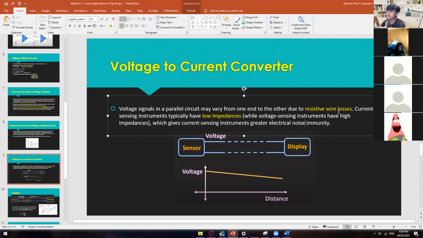A current source has greater electrical noise immunity, meaning there's a lesser chance that the current itself will slowly degenerate. Unlike a voltage source, the longer the wire, the more voltage it will drop as it goes to its destination. But for the current, it's stable. Whatever the current is on this wire is the same as the current at the end of that wire. So that's the benefit of having a voltage to current converter.